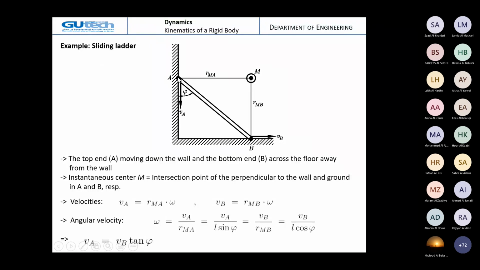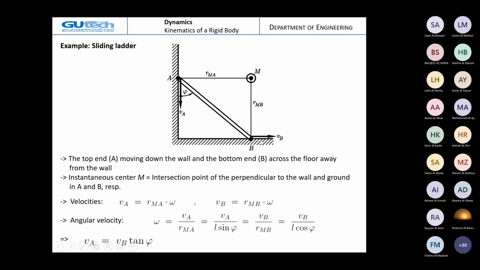That means this point A is moving down, and B is moving in this direction. As point A moves down, its velocity is in this direction, vertically. The point B moves horizontally, so we have the velocity in this direction.